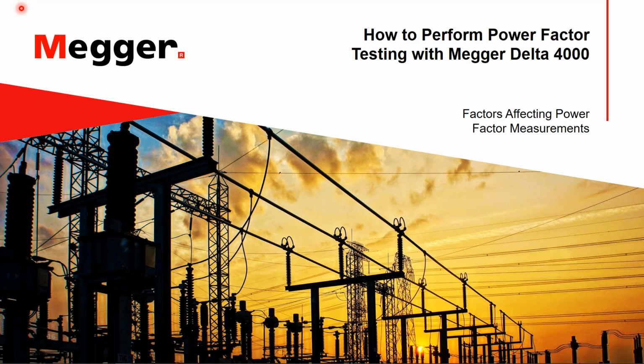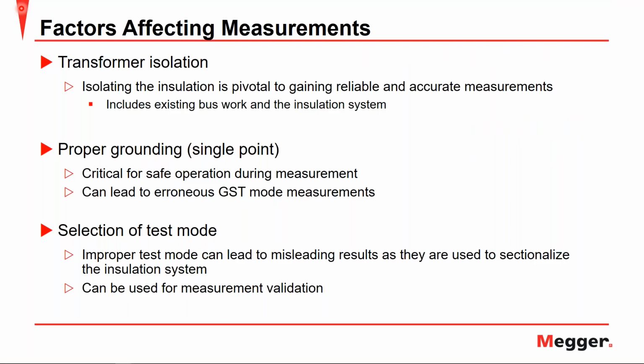Now, I'd like to discuss a few factors that affect power factor measurements. There are several of these. I'm just going to cover a couple of them. Well, there are more than a couple, and there are more than what I've listed, but I just want to highlight some of these to bring them to your attention. The first one is transformer isolation.